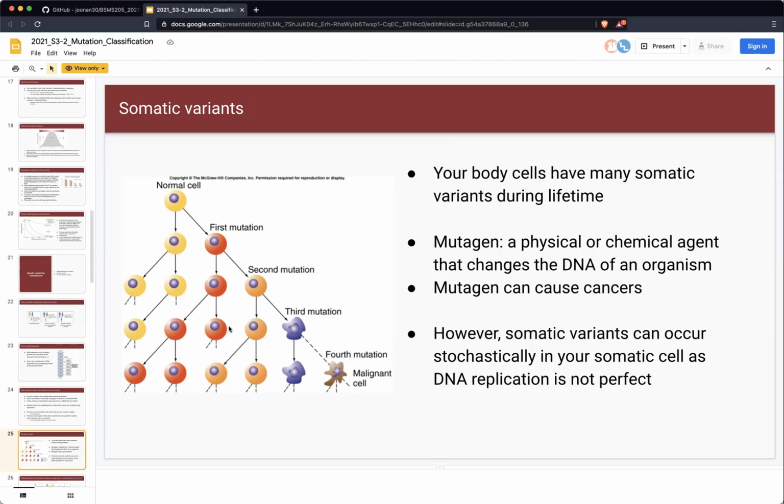Somatic mutations happen through natural, stochastic processes, but sometimes you are exposed to environmental exposures like radiation, UV light, or certain harmful compounds, which can act as mutagens. A mutagen is totally outside the natural processes and changes your DNA in a crazy way, and then it can cause cancers.